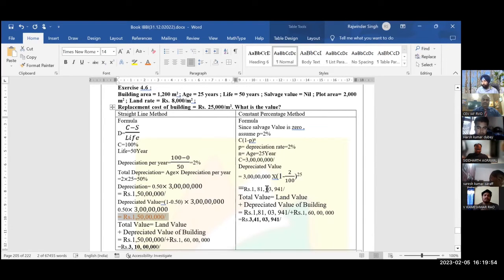You put all the values and you get the depreciated value, which is 1 crore 81 lakh 3,941. So here the value is 1 crore 50 lakh, here the value is 1 crore 81 lakh. You are assuming the same percentage.